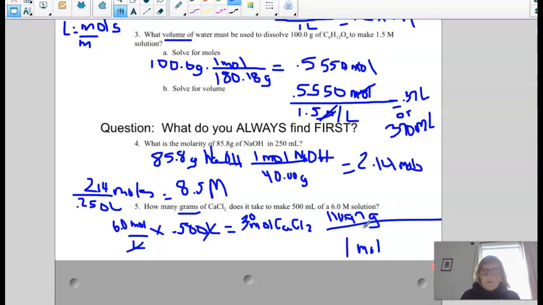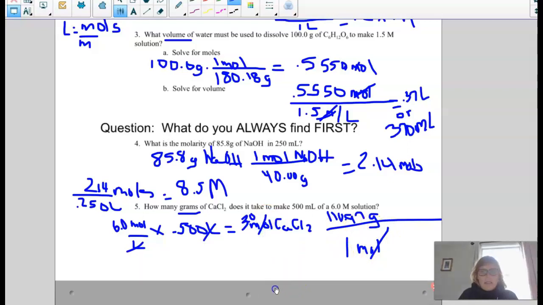Then I'm going to take 3.0 times 110.97 grams. My moles cancel out, and I should get 332 grams of calcium chloride.